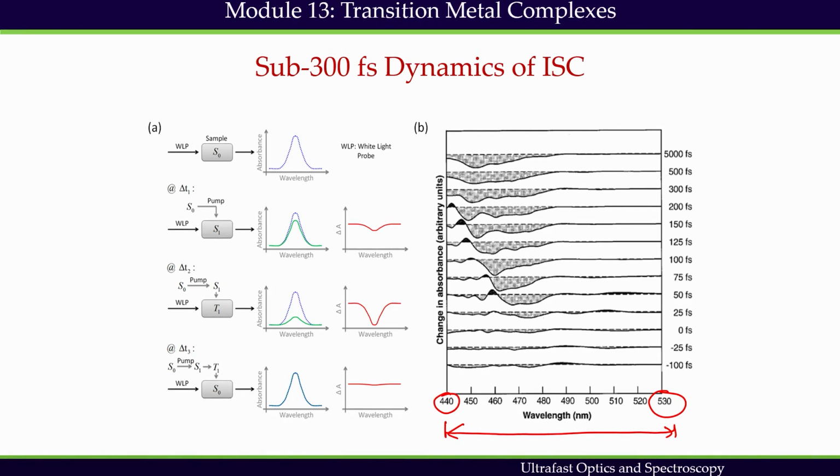A short pulse centered at 475 nanometer is used to photoexcite the species to the singlet MLCT transition.